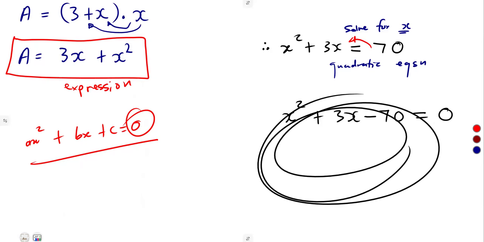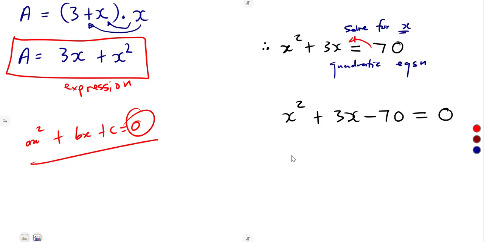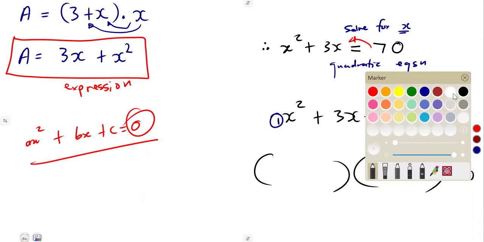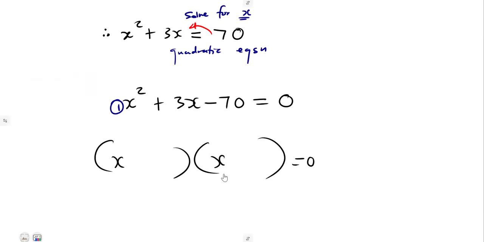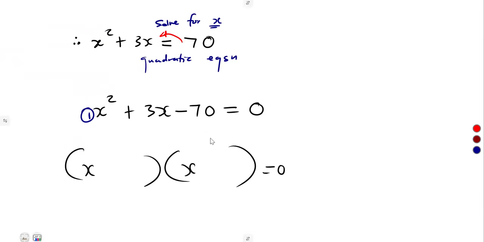Solve using your factorization method. The coefficient of x squared is 1, so this enables us to just use x and x here. x times x will be x squared.